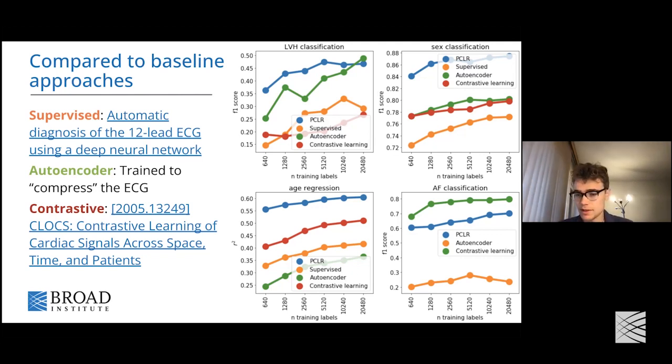But the basic idea is that the different leads of the ECG, which are defined as positive pairs in the contrastive learning of cardiac signals across space paper, should share the same rhythm class, whereas arrhythmias show up kind of sporadically and randomly, so they might not be shared if the ECGs are taken even a day apart for the patient contrastive learning objective. Got it. Thank you.